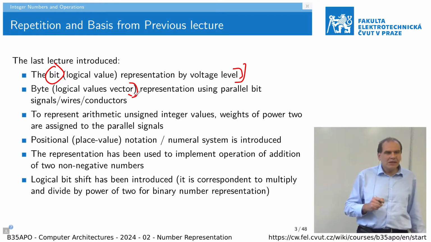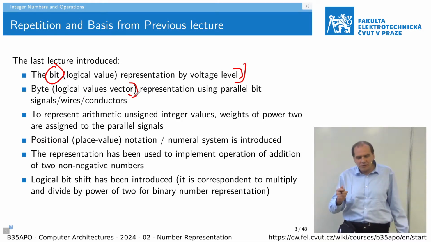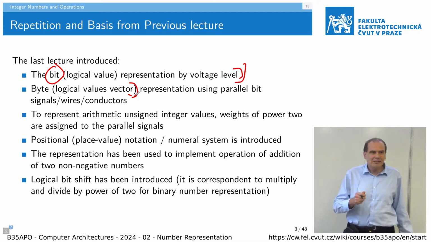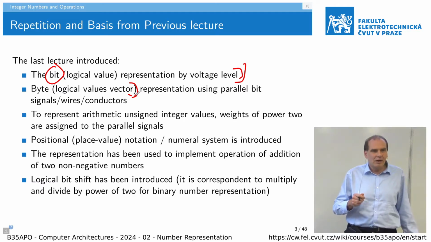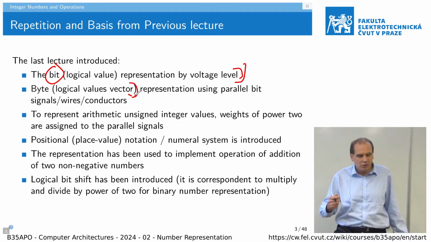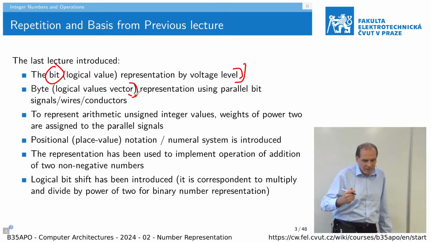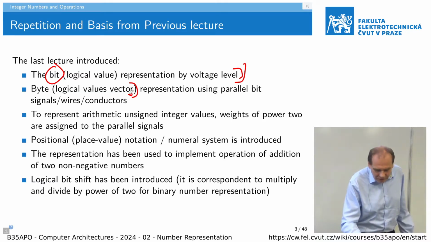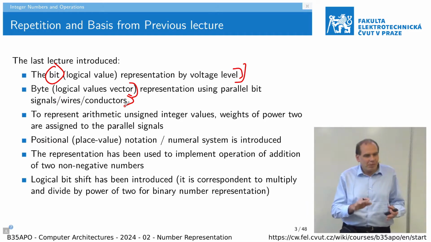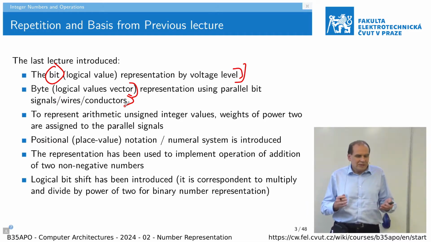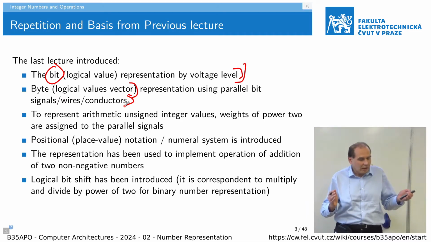And if we define that each of those bits represents a different weight, a different power of 2, then we can use these parallel wires to send an arithmetic value.